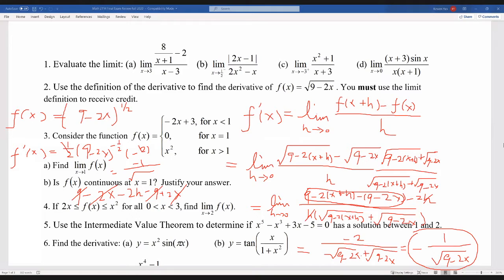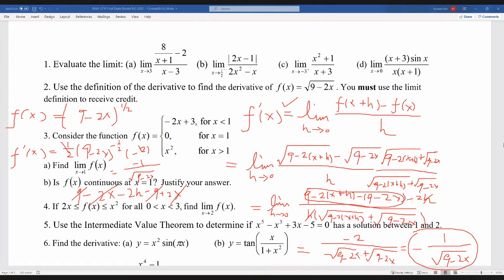So same answer. But this method is not allowed. You are not allowed to use this method; you have to use the other method. Please remember that. This one is only for you to verify your answer. But on the test, you cannot use this method.